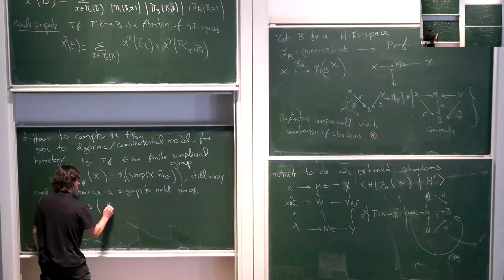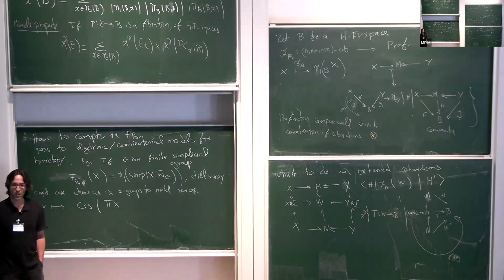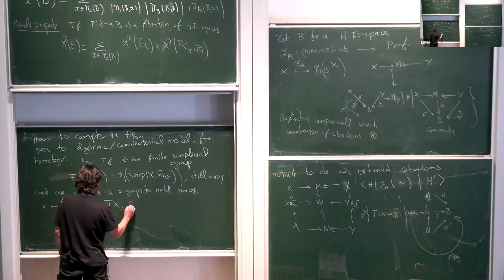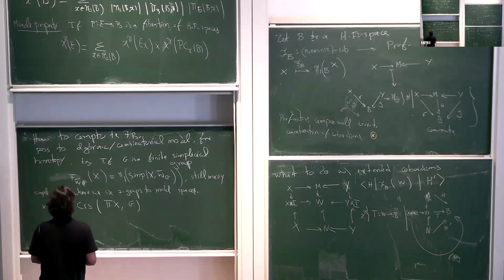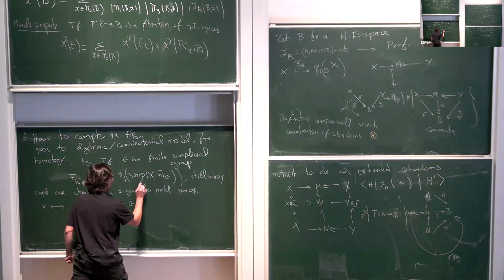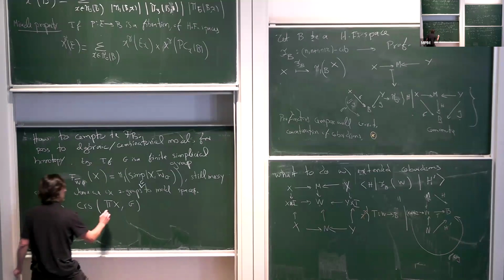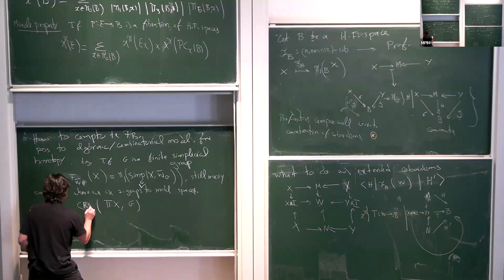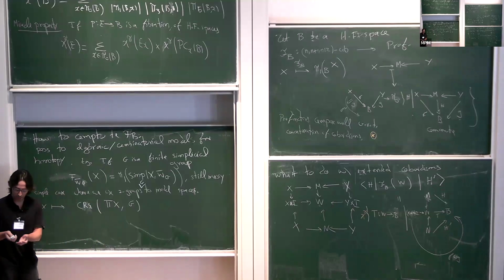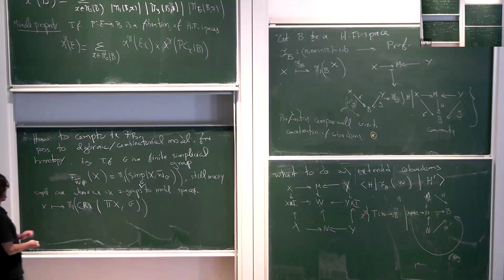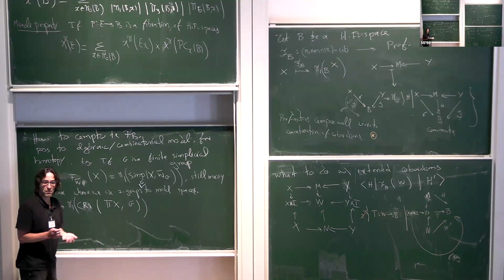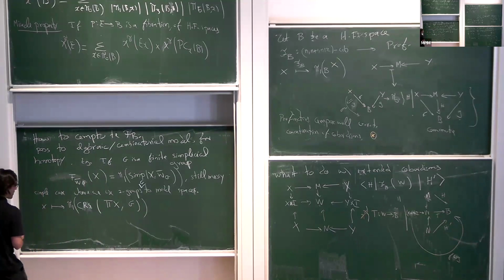You take the Whitehead crossed module of X, and you land in G. My two group is now G, and this thing here is the internal Hom in the category of crossed modules. And then I'll need to consider the fundamental group.